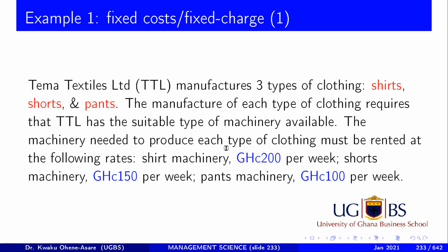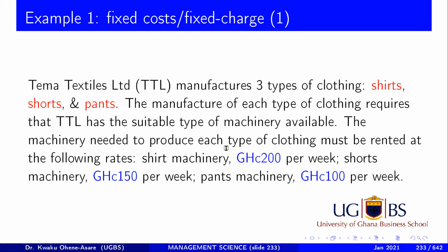As an example, if I am not going to produce shirt, then I don't need shirt machinery to be in the warehouse. You see the word be there. So shirt machinery is only there if I'm going to produce what?